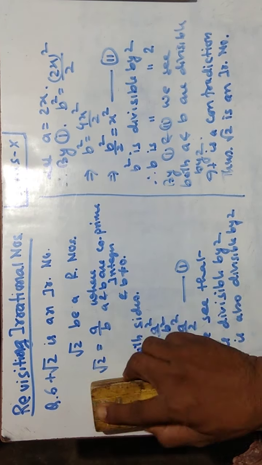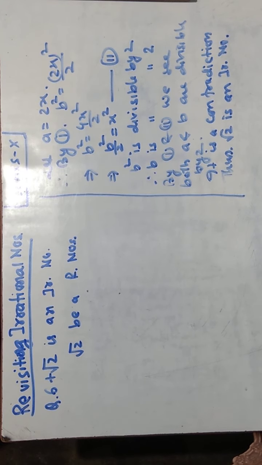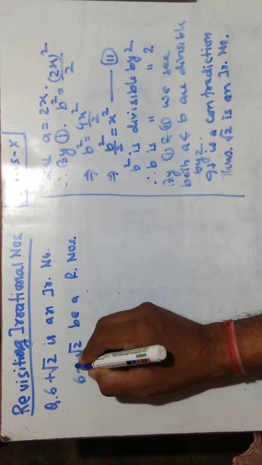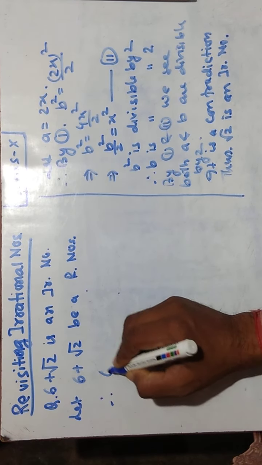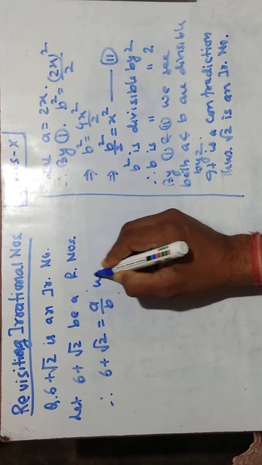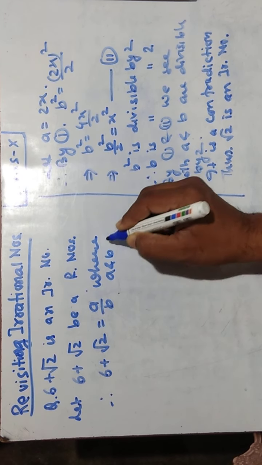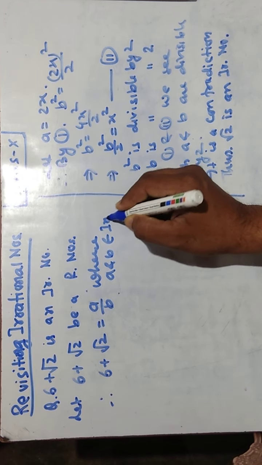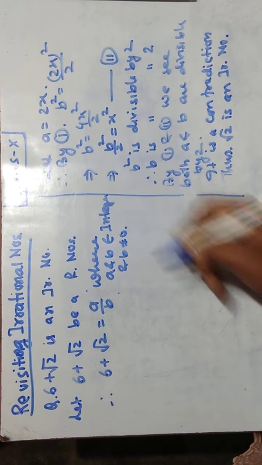We will assume that 6 plus root 2 is a rational number. Therefore 6 plus root 2 equals a by b, where a and b are integers and b is not equal to 0.